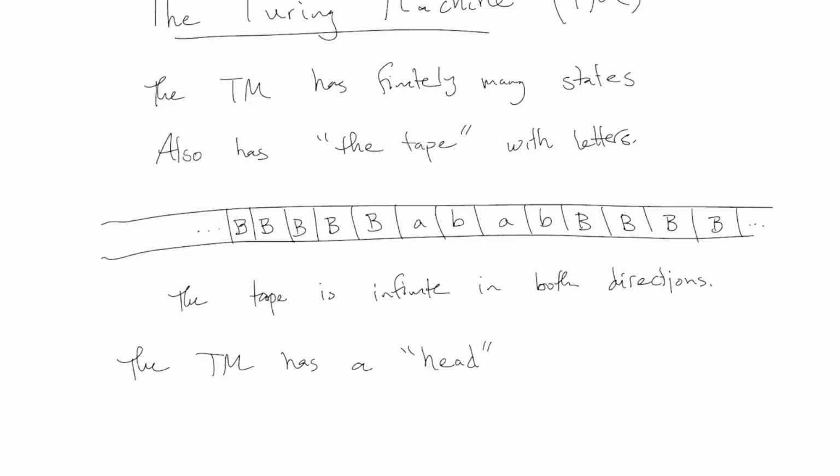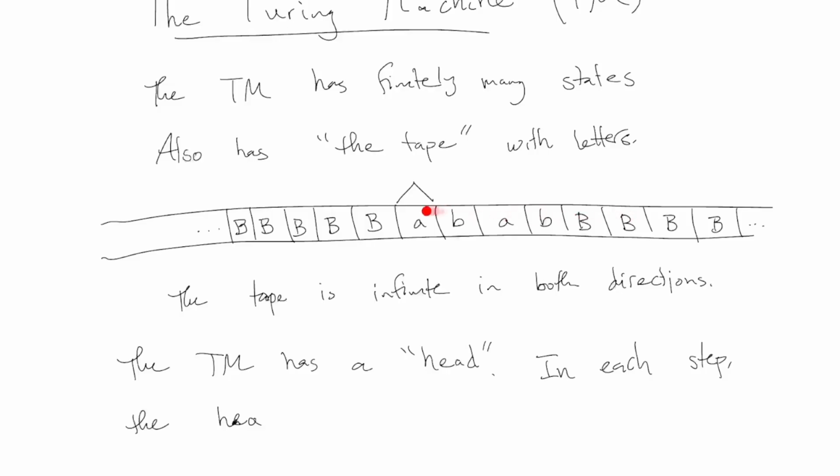And the head, so I will say in each step of the calculation, and like when you're looking at one of these diagrams, it's basically like every time you follow one of the arrows is one step of the computation. And in each step, the head has a location along the tape.